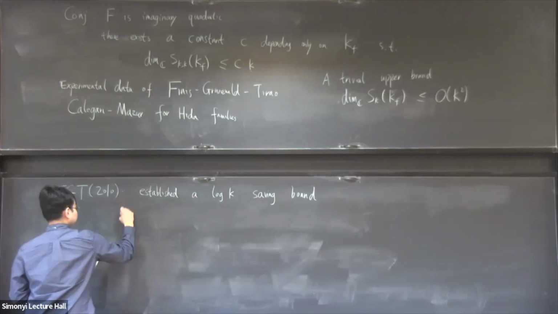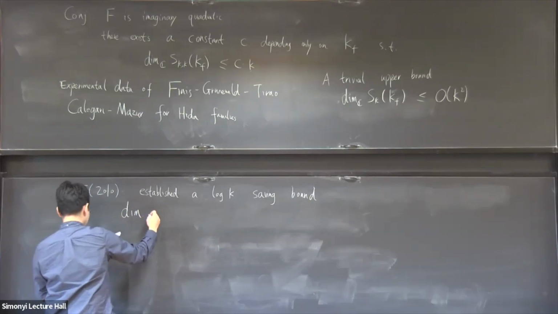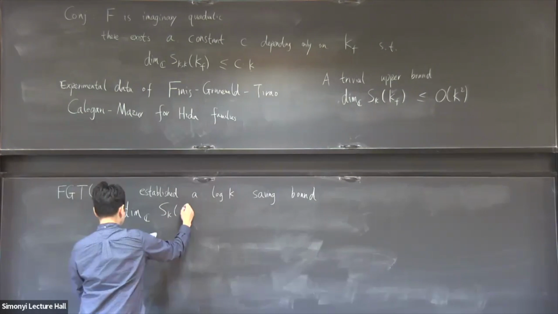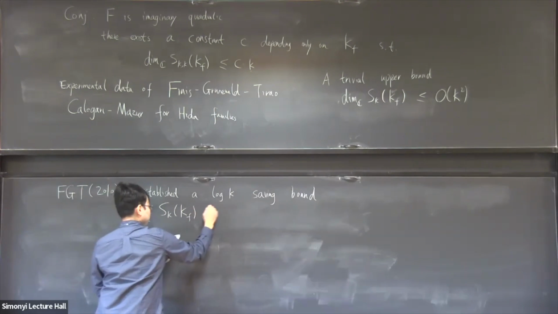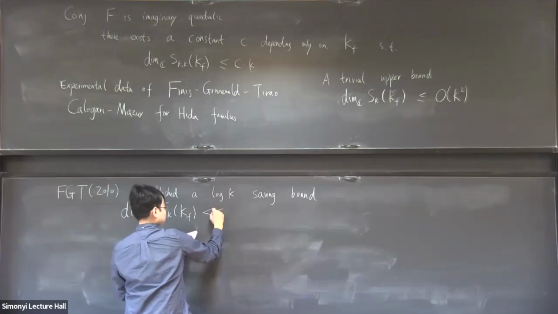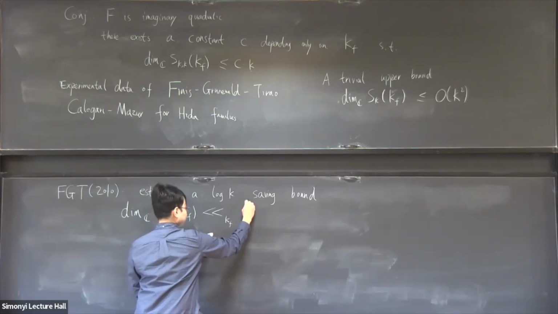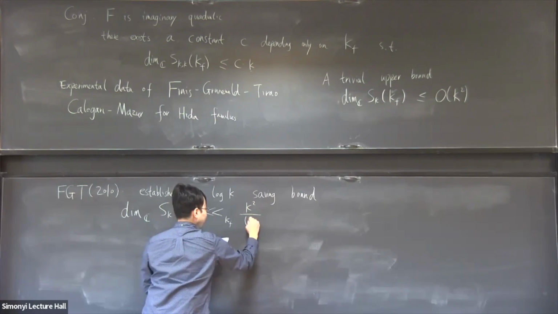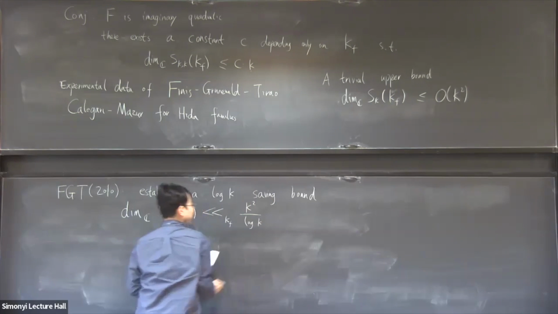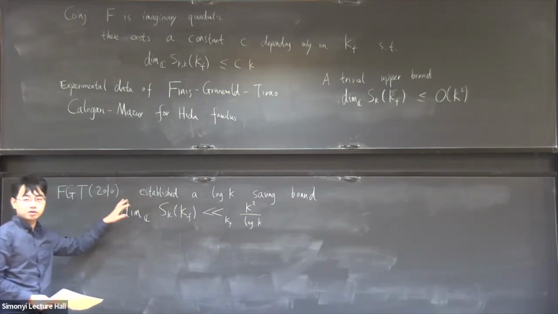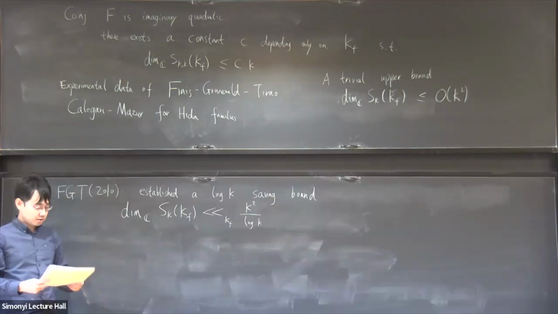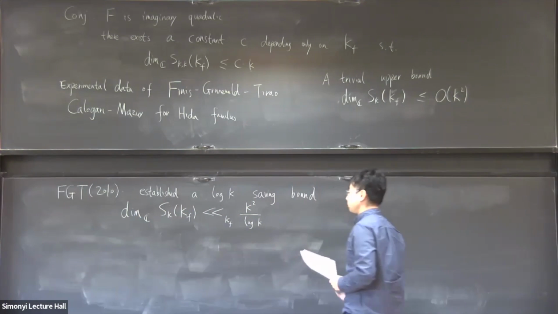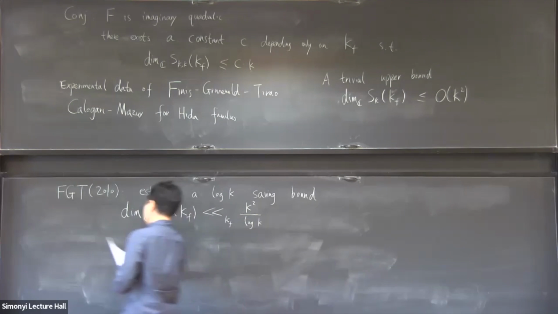So concretely, we bound this space by K squared over log K. So you can see this is a small improvement, but it already requires very non-trivial tools using the trace formula.